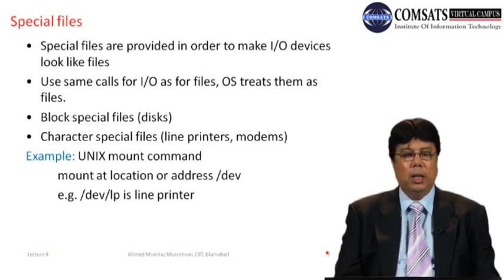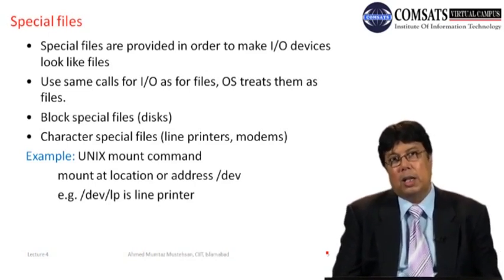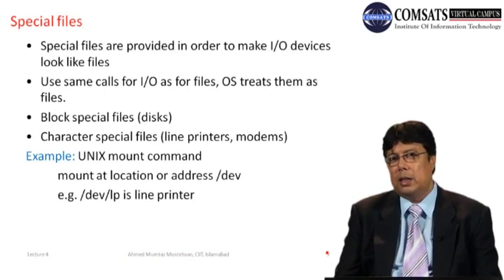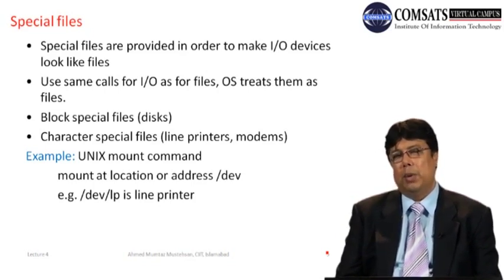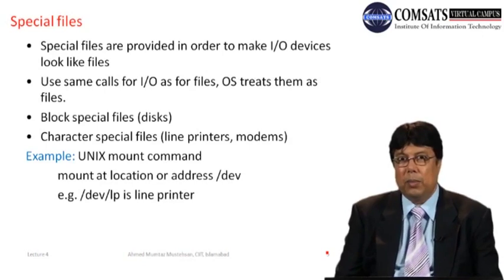The difference between the block special devices and the character special devices is that in the block you can access anywhere in the device if the device permits you, whereas in the character access device you have to follow a sequence. On a printer, you have to follow a sequence to write. You need to provide the output in a sequence that needs to be printed onto the paper sequentially.